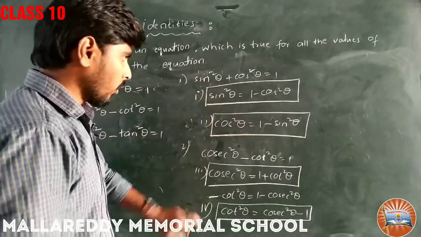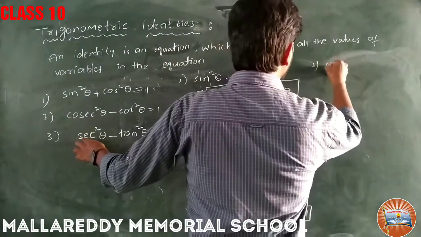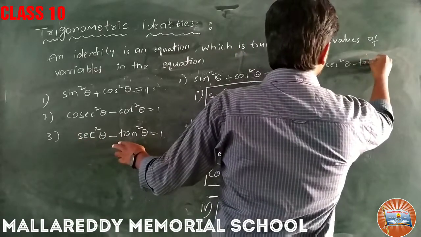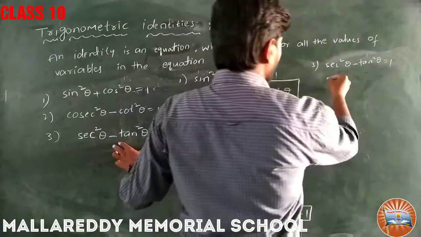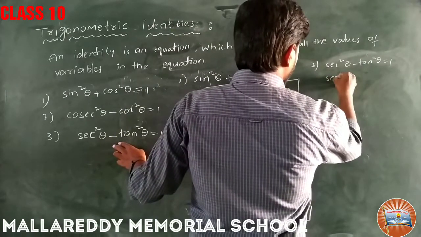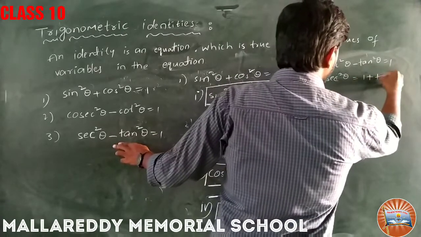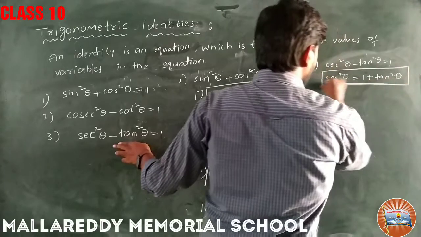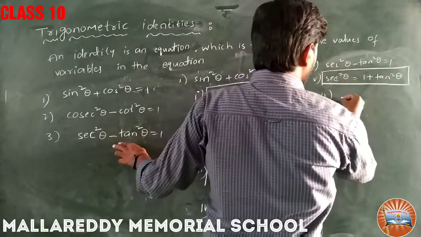1, 2, 3, 4. Now look at the third identity: secant square theta minus tan square theta equals 1. So secant square theta equals 1 plus tan square theta. This is the 5th formula. Now the 6th one.